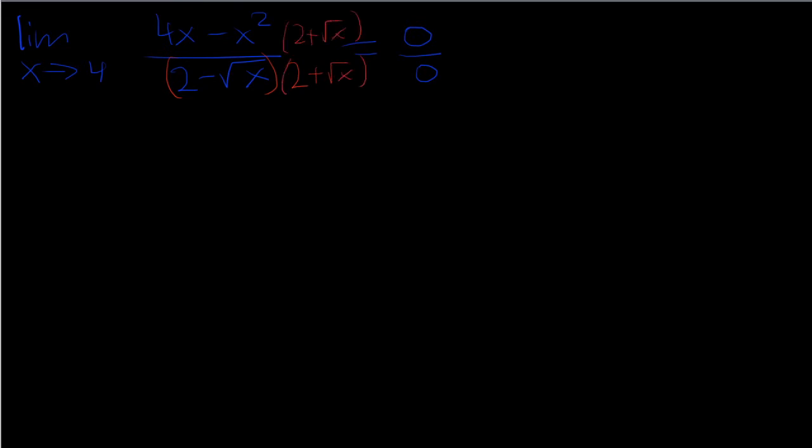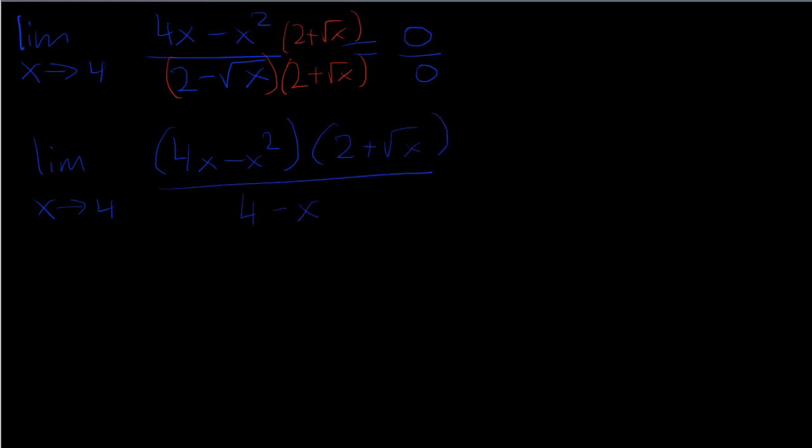Because now I'm going to have the limit as x approaches 4 of 4x minus x squared times 2 plus root x over 4 minus x.